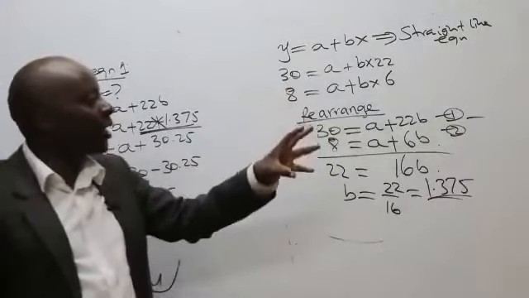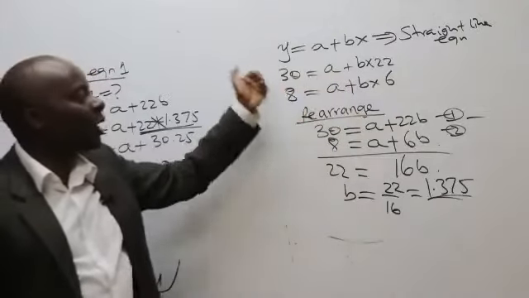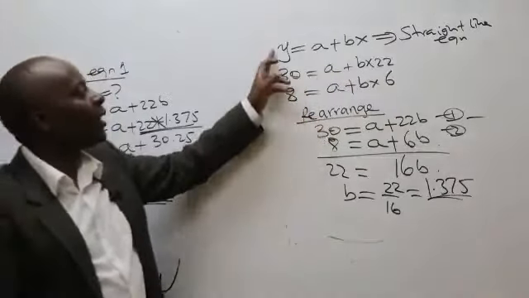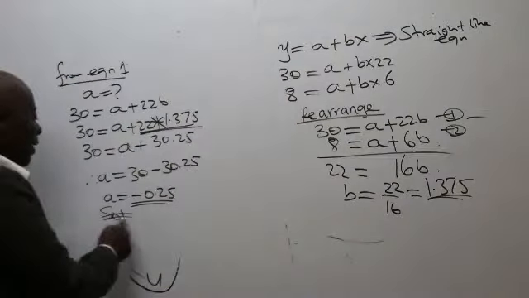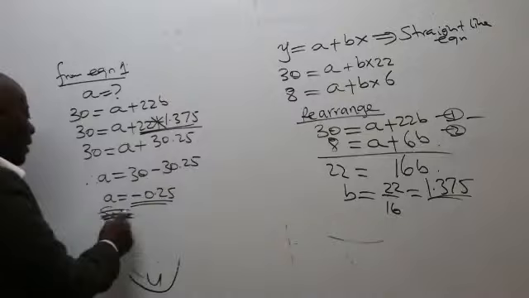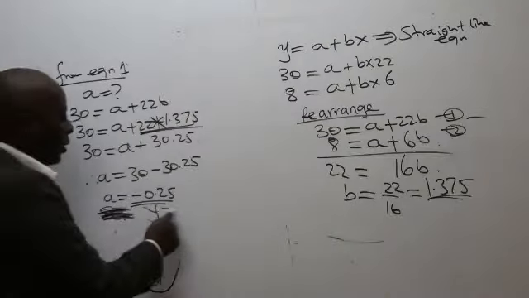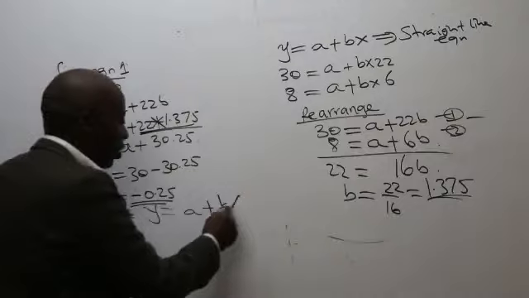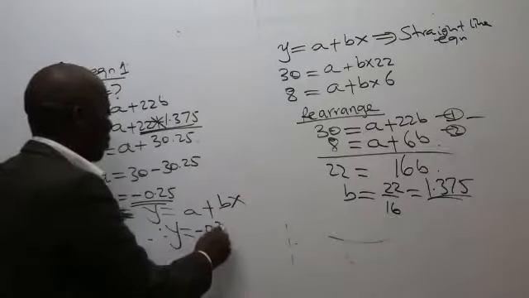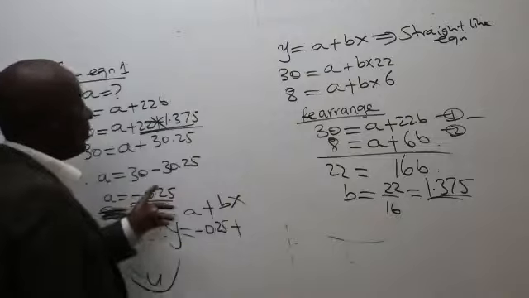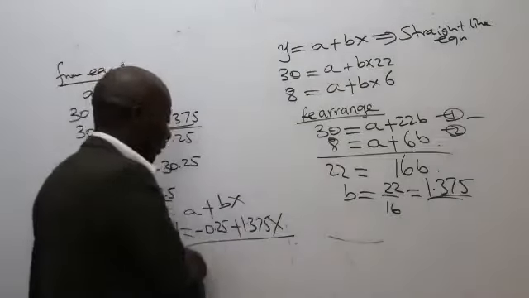So what we've done is to get the gradient and the y-intercept. In conclusion, our y should be equal to a plus bx. Therefore, y will be equal to a, which is minus 0.25, plus b, which is 1.375, x.